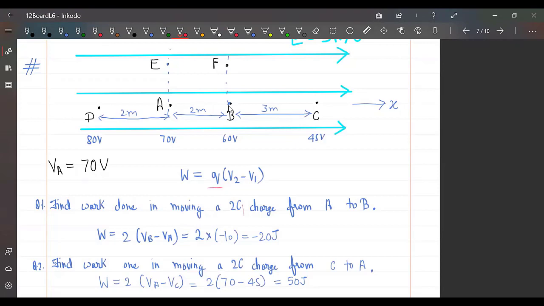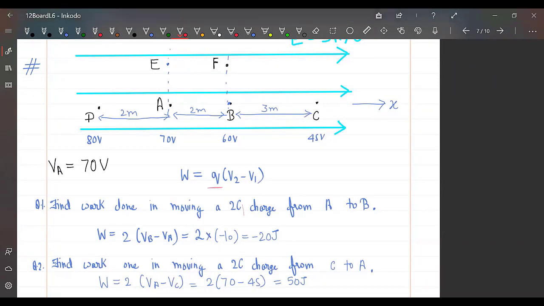do some work. Okay. So amount of work done will be charge into final potential minus initial potential. So final potential is 60, initial is 70. So 2 into minus 10, that is minus 20 joules. Then if you want to find work done in moving 2 coulomb charge from C to A, that will be just charge multiplied by change in potential.